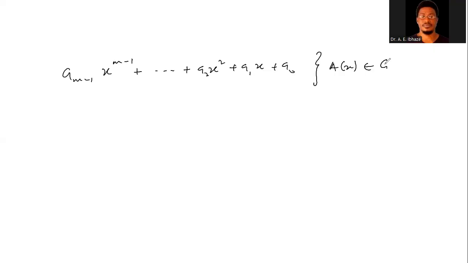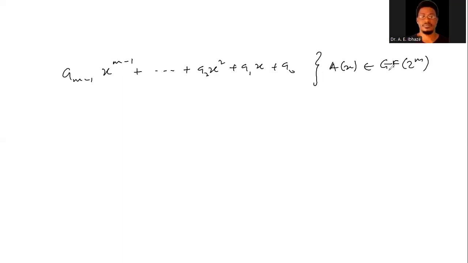These are polynomials, so it exists as a sub n minus 1 x to the n minus 1, plus all the way to a sub 2 x squared plus a sub 1 x plus a naught, such that this polynomial is an element of the Galois field 2 to the n.